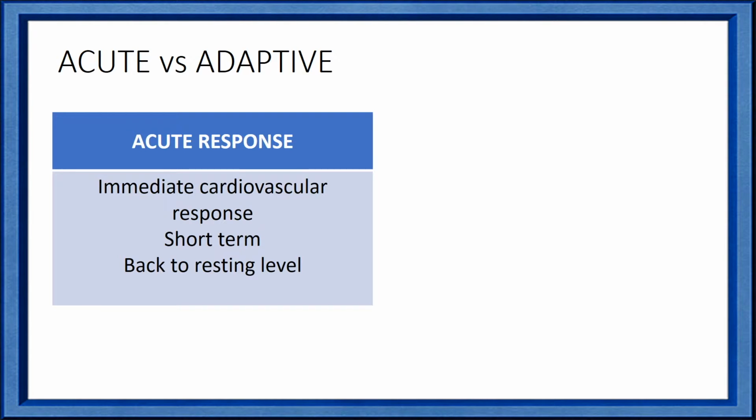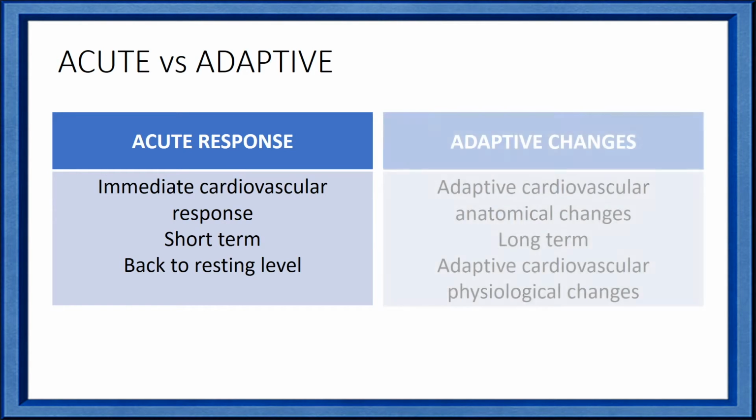The immediate changes that are observed in the cardiovascular system are a coordinated response to meet the increased energy demand of physical work. These rapid alterations to exercise intensity and duration are known as the body's acute responses.